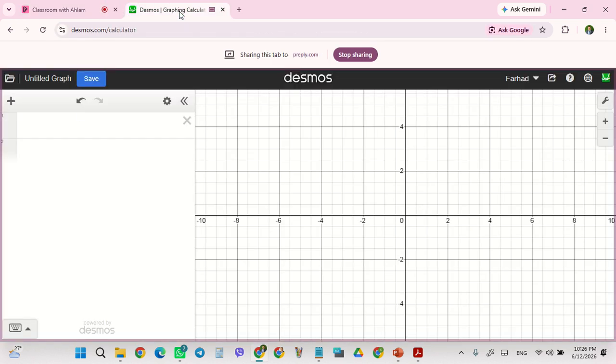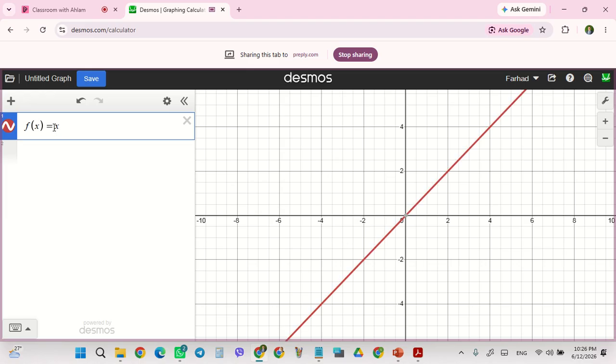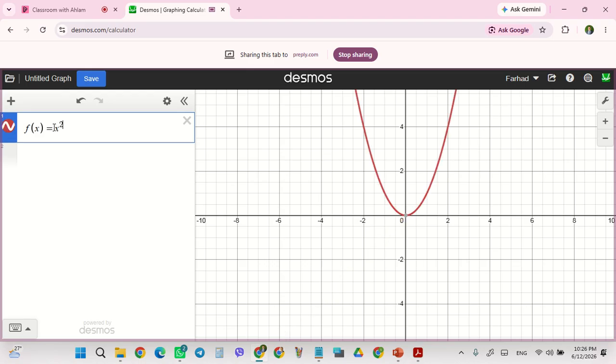Okay. Here, if we write a function that is f of x equals x square, then plus 2.